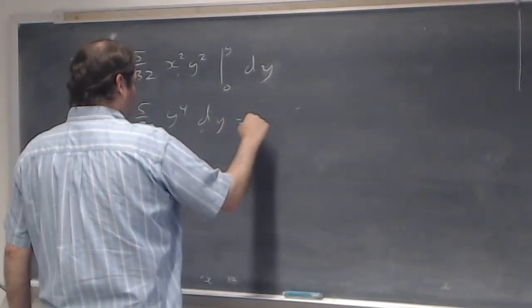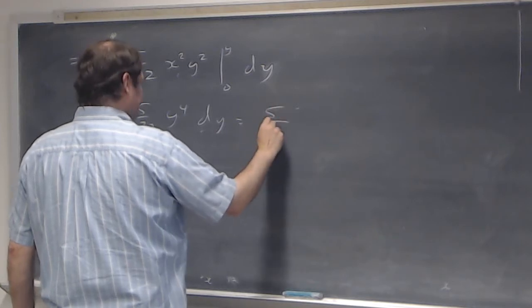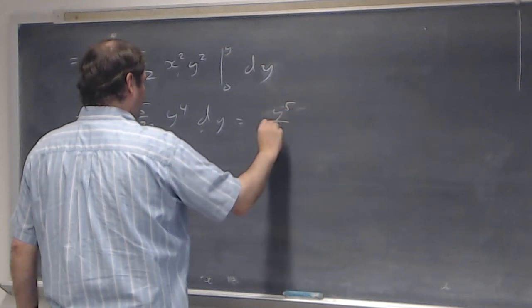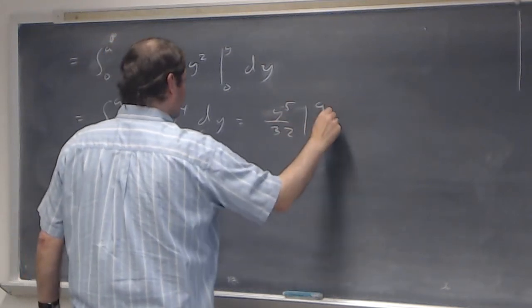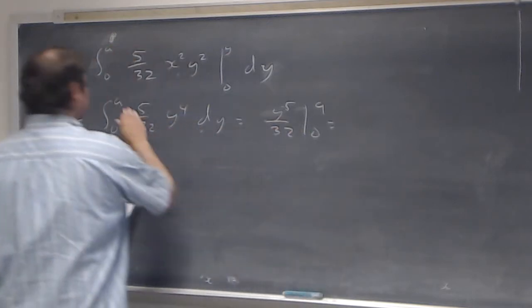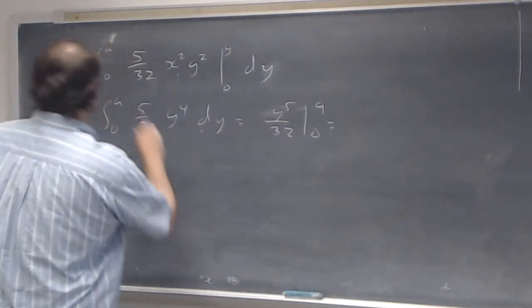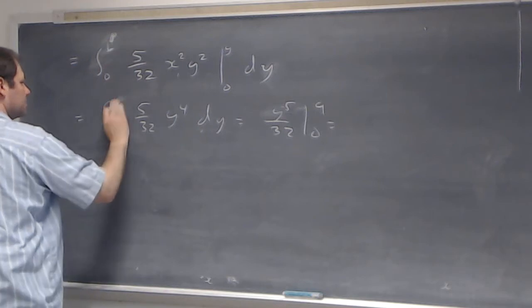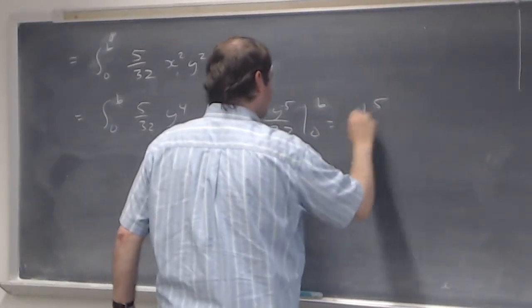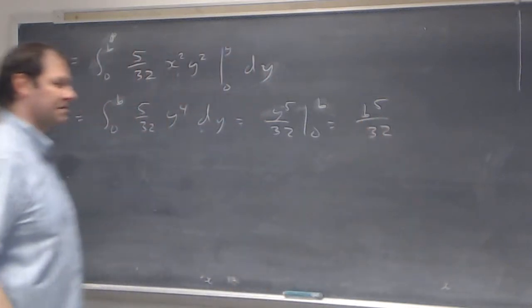This is going to be y to the 5th over 5 as an antiderivative, so it's going to be y to the 5th over 32, 0 to a, and that ends up being, I'm sorry, it shouldn't be 0 to a. It says 0 to b. There's a mistake here. This is b, and that ends up being b to the 5th over 32. That's the way I have the subcase.